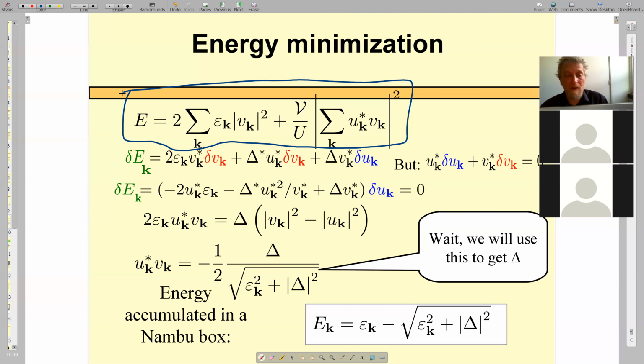I compute the minimum when I vary the energy with respect to small changes of v's and u's. So what I have here is the variation of the energy. You see, it's just a minimum. I want to determine the derivative of this function with respect to u's and v's, and set the derivative to 0. That will give me the answer.